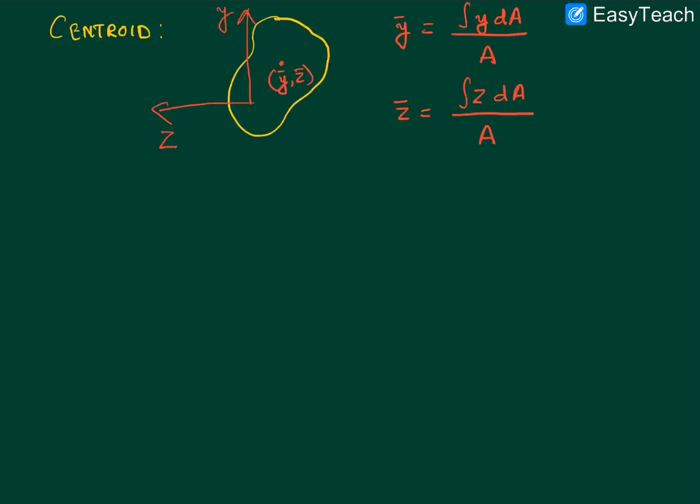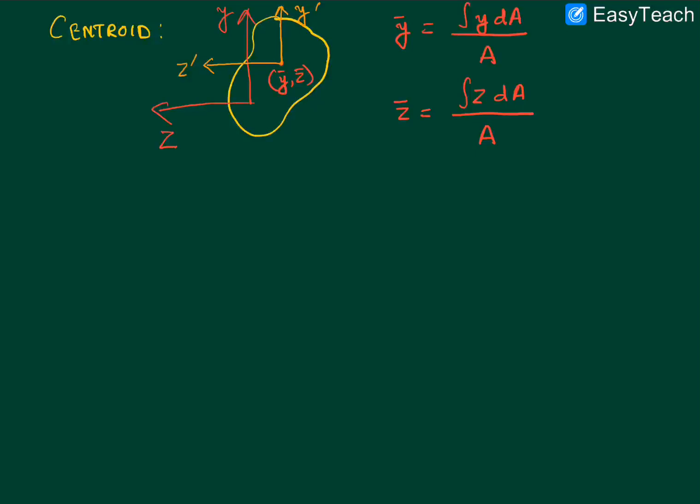So what I want to do is to consider a pair of axes like this, y dash, z dash.